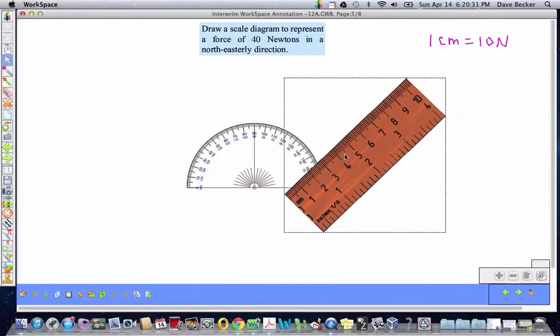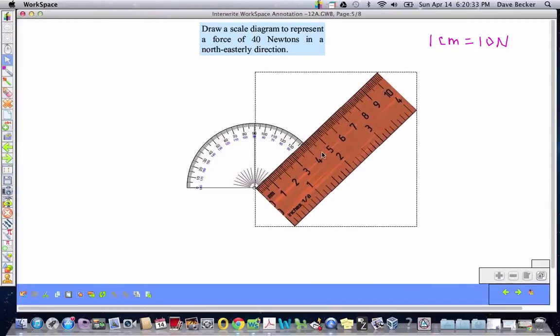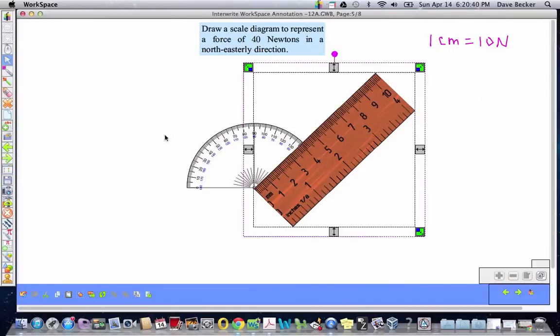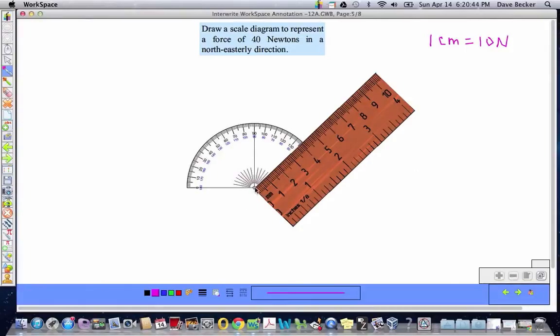So I'm going to take my ruler and put it right there at the point and make sure it's going through 45 degrees. That's pretty good. And then I'll take my marker here and I'll put a point here and a point here, and then I'll get all this out of the way.